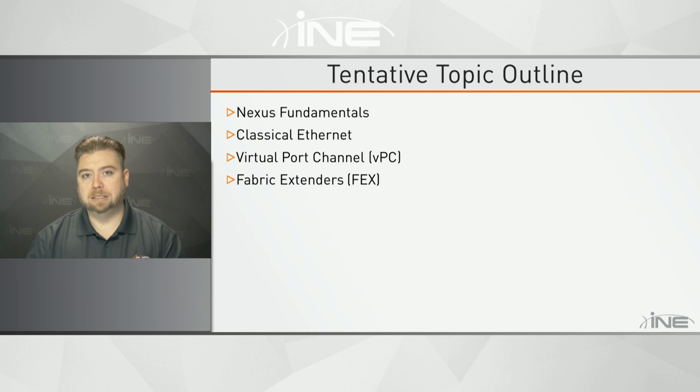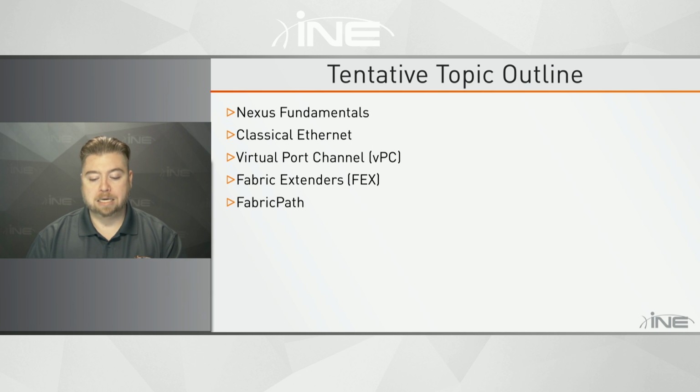We'll then look at the first iteration of fabric routing in Nexus, which was called FabricPath, which is the proprietary implementation of TRILL, an open standard, Transparent Interconnection of Lots of Links.